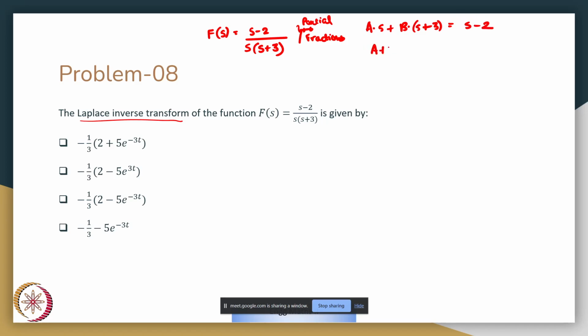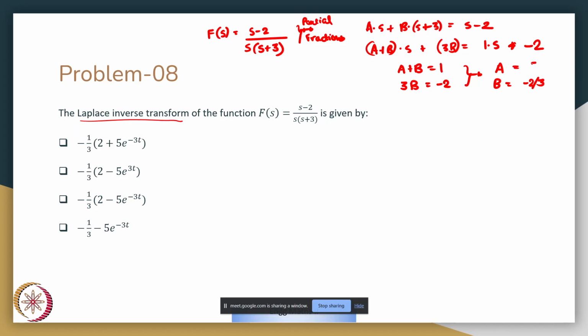So (A plus B) into s plus 3A equaling 1 into s minus 2, which means A plus B equals 1 and 3A equals minus 2, using which we get A equaling minus 2 by 3 and B equaling 5 by 3.